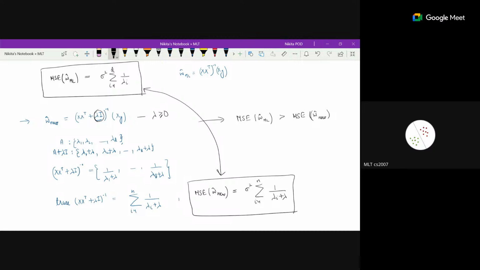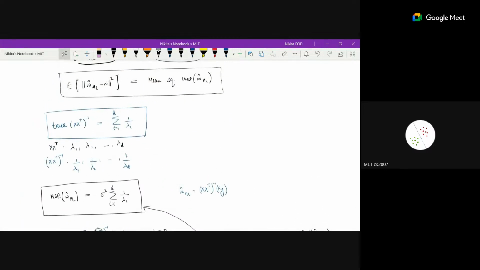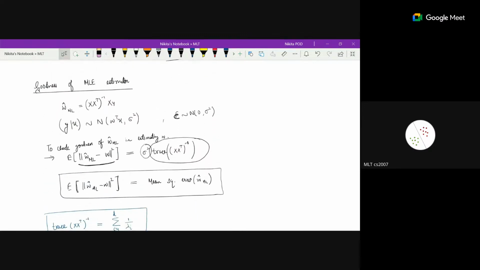So now the question is, how are we getting this new estimator? Our previous estimator, W hat ML, we had gotten when we took this problem of linear regression, where W is generated through the normal W transpose X, comma sigma square.